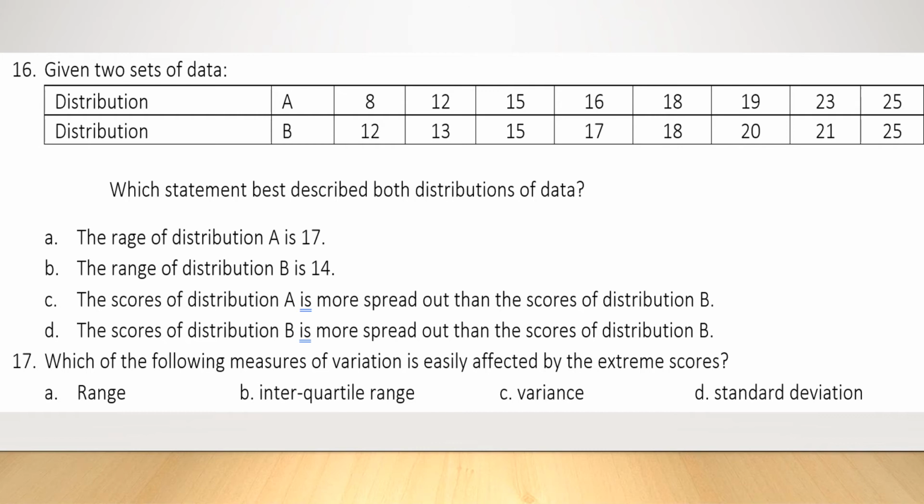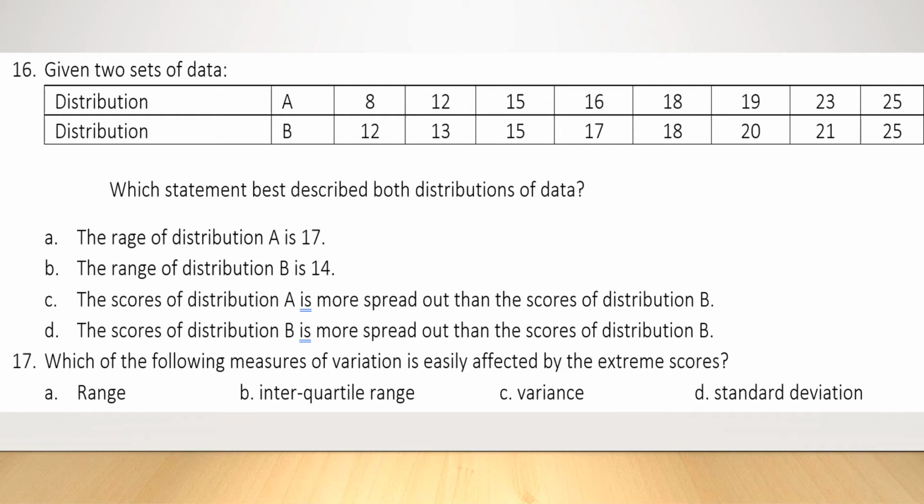Number 16. Given two sets of data. So, naa tay duha ka sets of data, set A and set B. So, question, which statement best describe both distributions of data? So, it's a matter of observation and reading the table. So, letter A, the range of distribution A is 17.